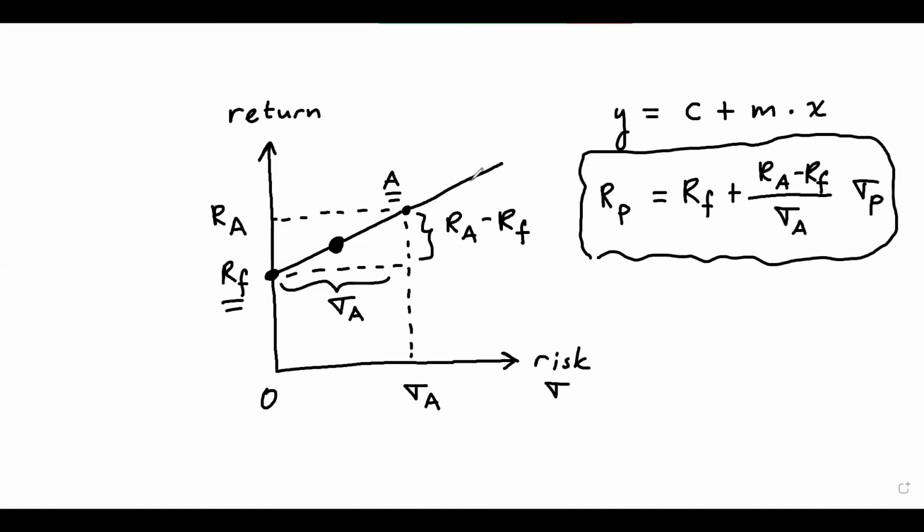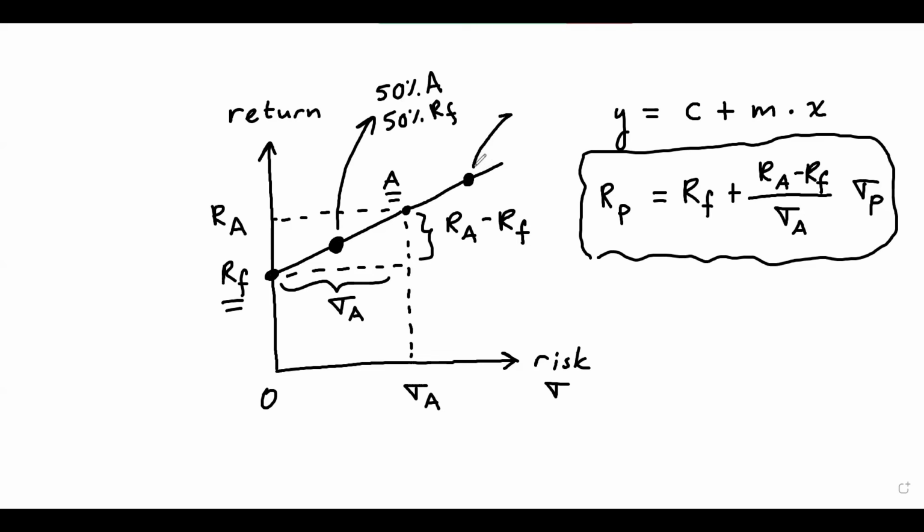Or P could be somewhere over here, right? How would that work? So, for example, this could be 50% A, 50% risk-free asset, let's say RF.